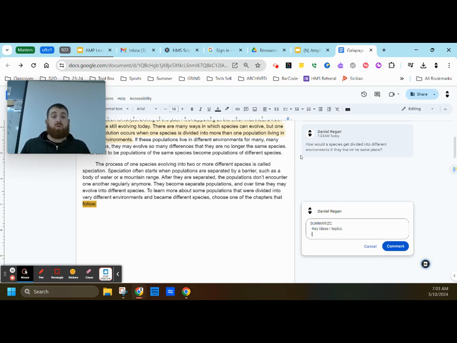We know that when we summarize, we want to shorten or simplify what we read, okay? And when we summarize, we want to avoid repeating things word for word, okay? In other words, we want to put it into our own words, okay?